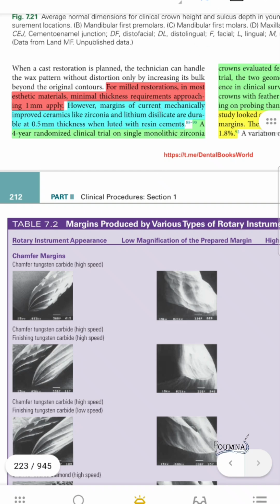In the newer, mechanically improved ceramics like zirconia and lithium disilicate, a 0.5 millimeter thickness with resin cements is sufficient.